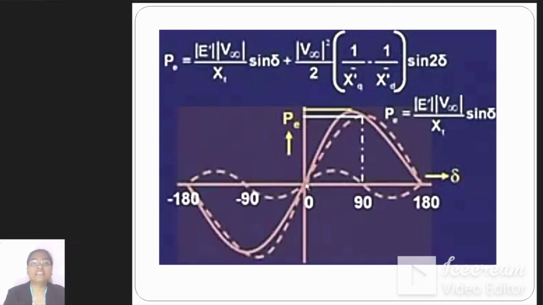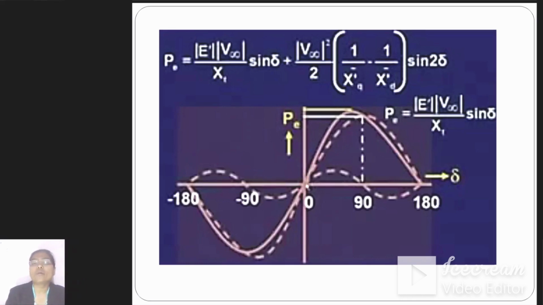Okay. So this highest point is called the maximum operation point, that is at 90 degrees. It is the maximum amount of electrical power that can be generated by the alternator, and the maximum power output that can be delivered by the alternator.